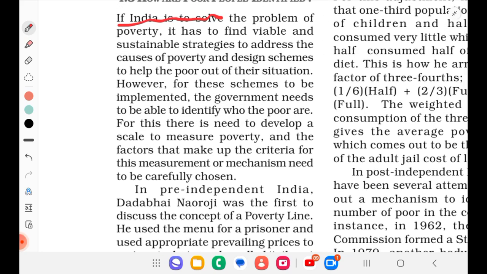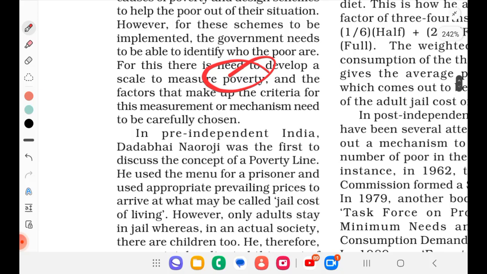However, for these schemes to be implemented, the government needs to be able to identify who the poor are. For this, there is a need to develop a scale to measure poverty, and the factors that make up the criteria for this measurement or mechanism need to be carefully chosen.